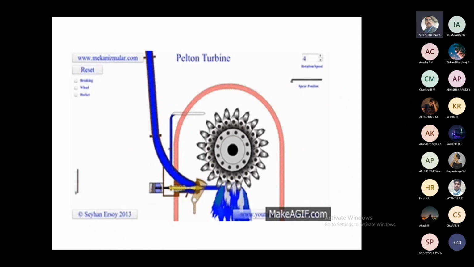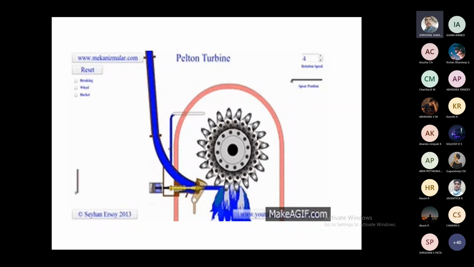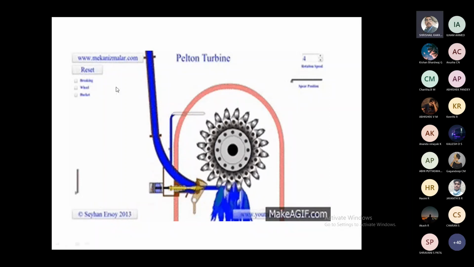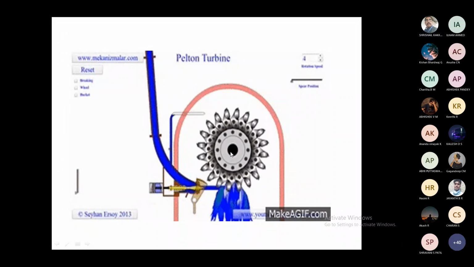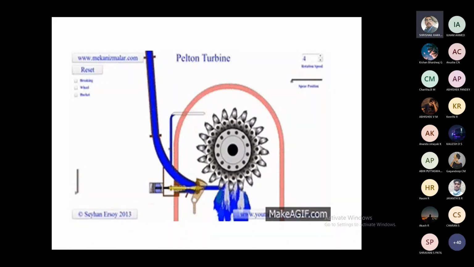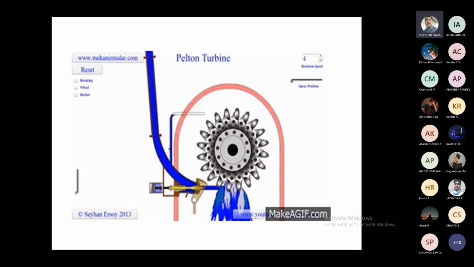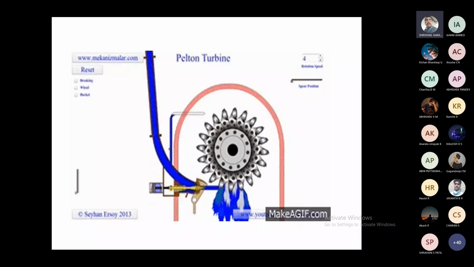Since these vanes are coupled to the rotor of the turbine, the turbine also will rotate. You can see the turbine vane and the turbine rotor, and this turbine rotor will be connected to the shaft, and the output of the shaft will be mechanical output. This will be coupled to the generator, which will be developing the alternating current. This is how the Pelton turbine or Pelton wheel will be working.